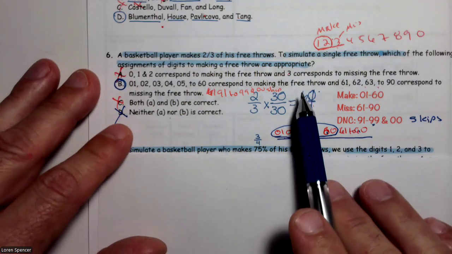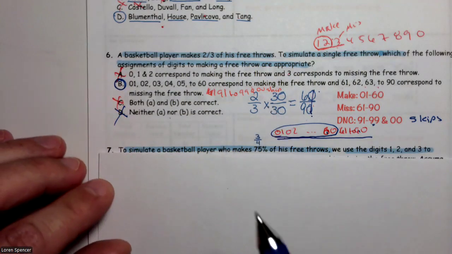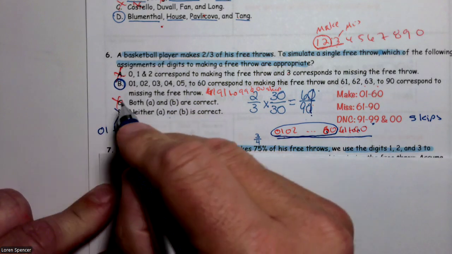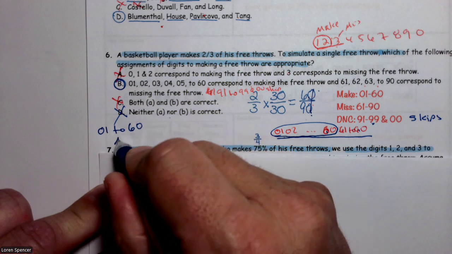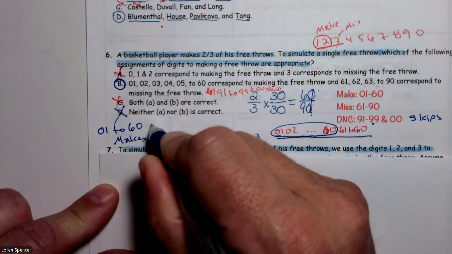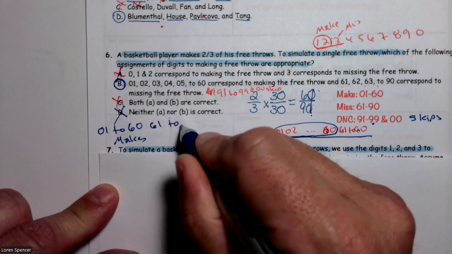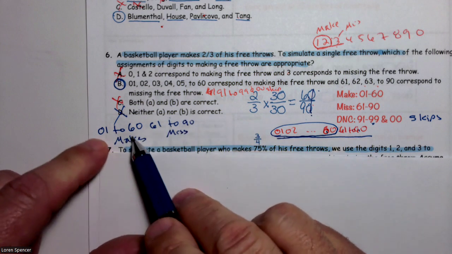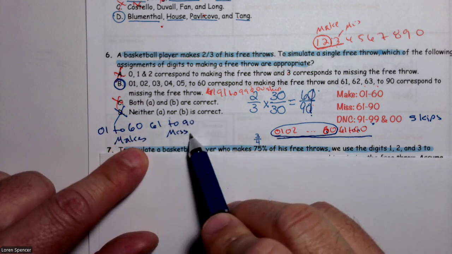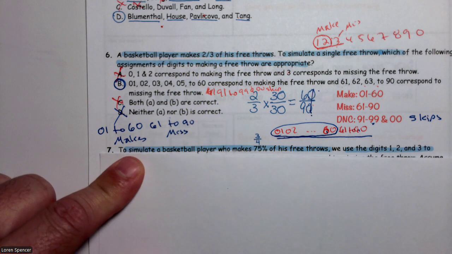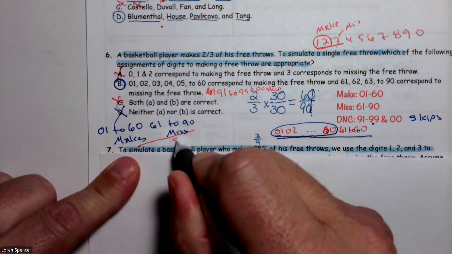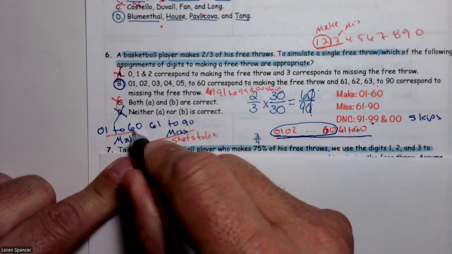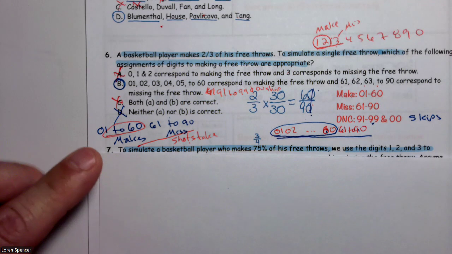Tricky problem because they went to two-digit numbers, and you really do have to visualize that 01 to 60 are makes, 61 to 90 are misses. So we have 60 out of a total 90 shots that were taken, because this represents shots taken.